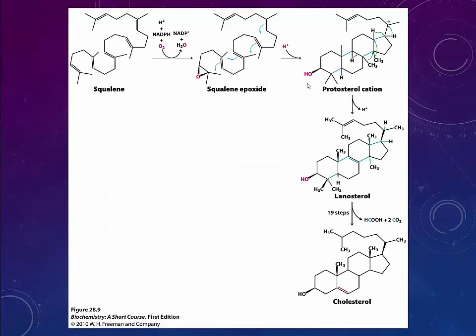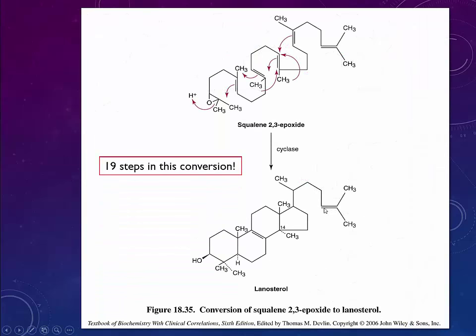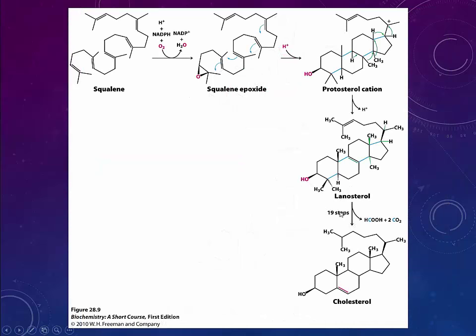Now, from squalene, we have to go from squalene to squalene epoxide. Notice this is a reduction and dehydration as well, and that gives us our cyclization to protosteryl cation. Protosteryl cation then goes to lanosterol, then 19 steps later, we go from lanosterol to cholesterol.